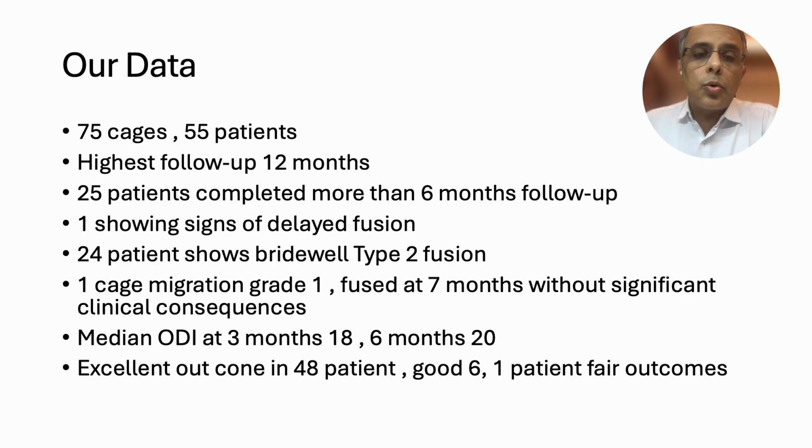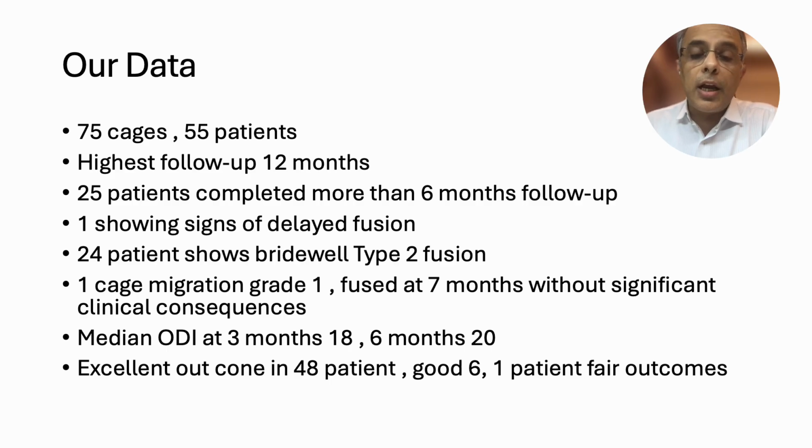Our data so far shows we have inserted around 75 cages in 55 patients. Highest follow-up we have is 12 months. 25 patients completed more than 6 months follow-up, one showing signs of delayed fusion. 24 patients show Bridwell type 2 fusion, and one cage migration grade 1 fused at 7 months without significant clinical consequences.